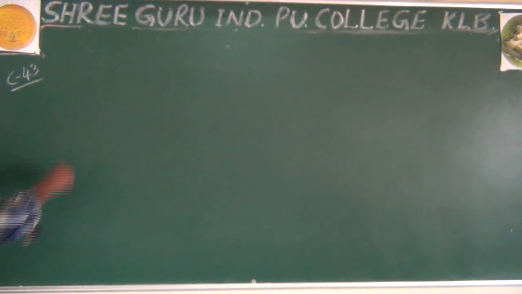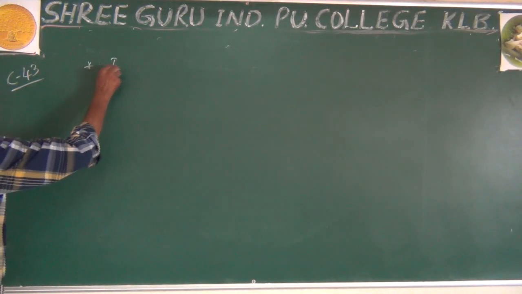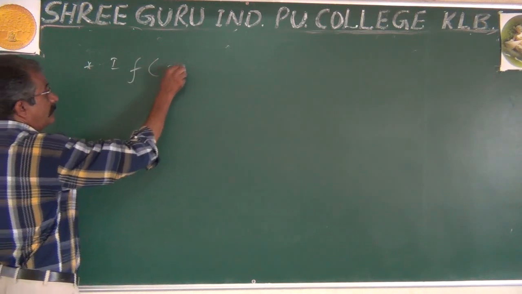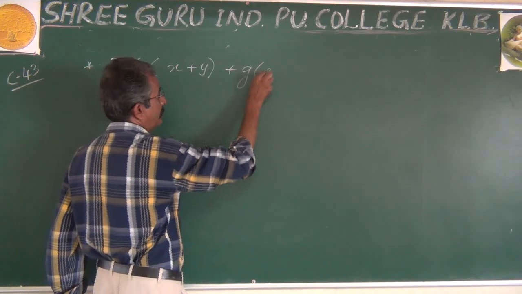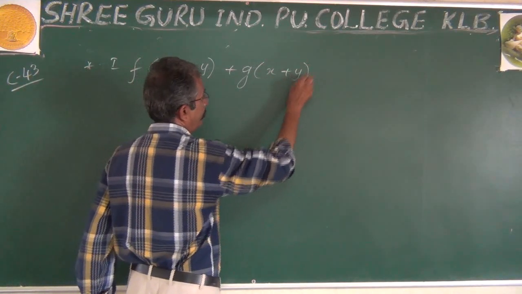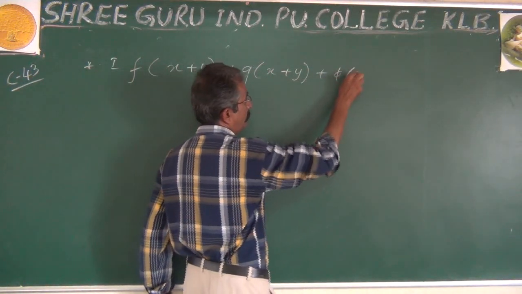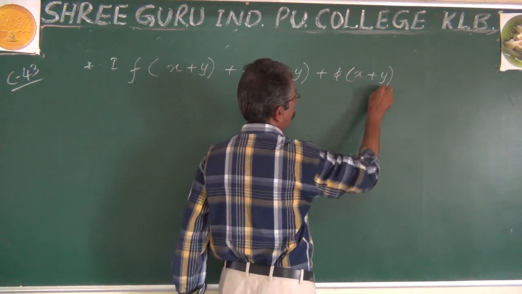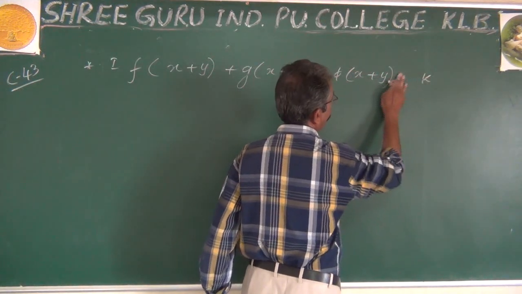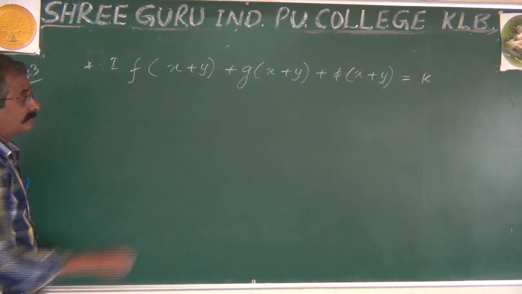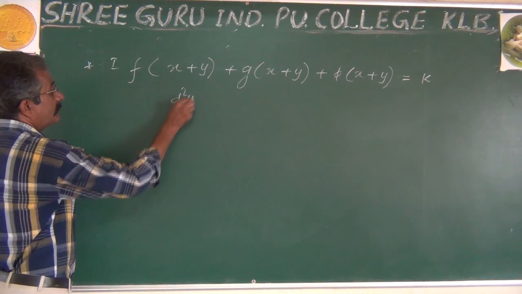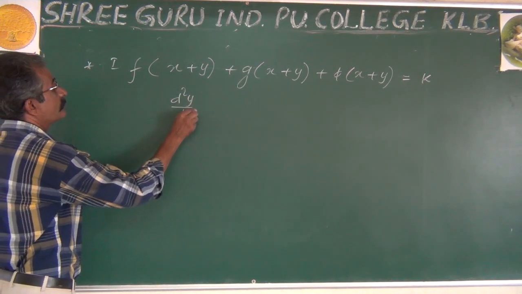Next problem. If f of x plus y plus g of x plus y plus phi of x plus y is equal to constant k, then d2y by dx2 equals how much?